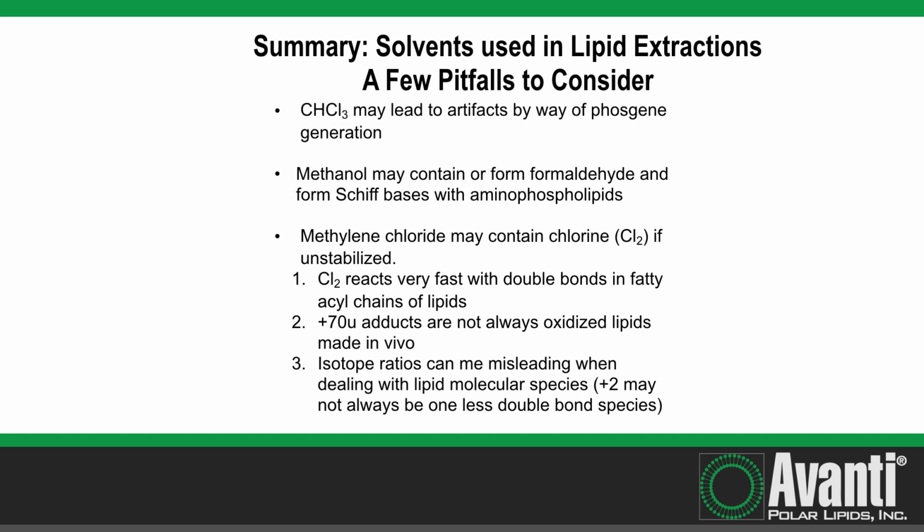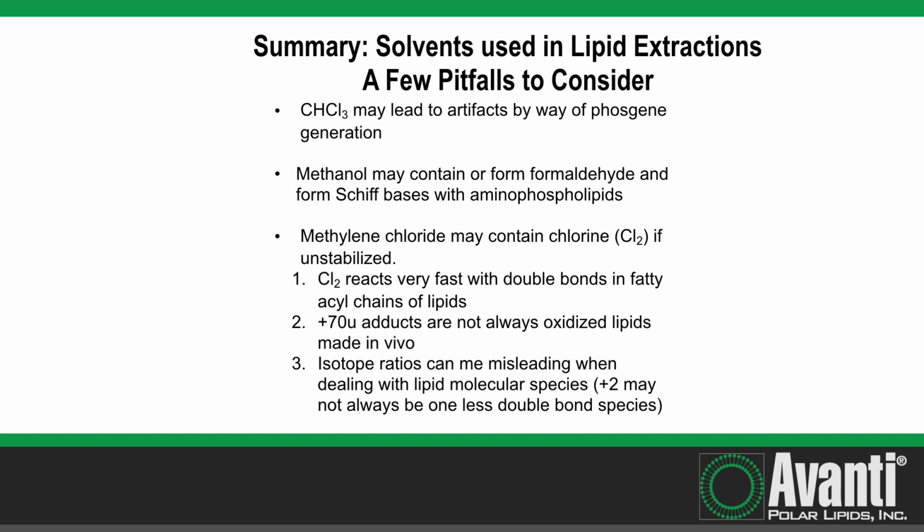Methylene chloride may contain chlorine, particularly if it's unstabilized, meaning it doesn't have the sacrificial olefin in there to react with chlorine and remove it. That chlorine can add two chlorines for each double bond, which causes quite a change in the molecular weight of the molecule.